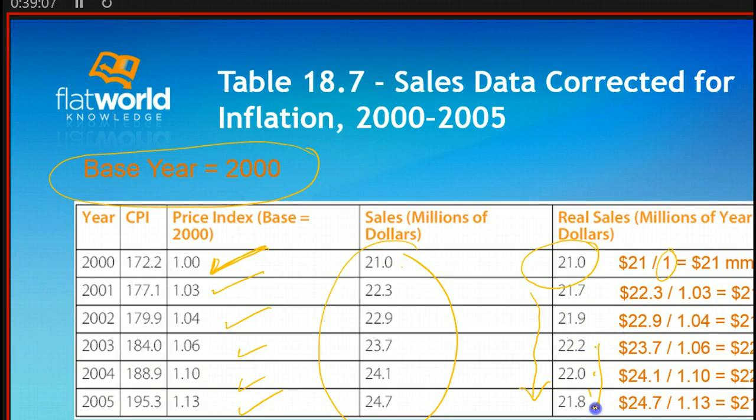Notice that, they're going down. And that's because in each of these years, my price index is greater than 1. Any price index greater than 1 means that I have inflation. As the inflation gets bigger, sometimes in terms of real sales growth, I've canceled it all out.